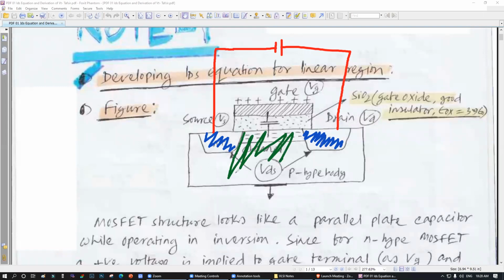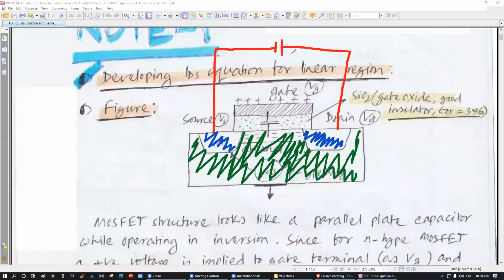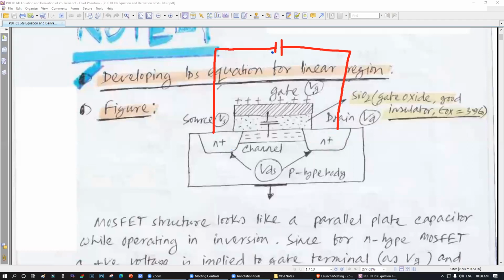The other parts are P-type, and P-type doesn't have any free electrons. So the electron can come through here and reach only here. It cannot go to the other side.